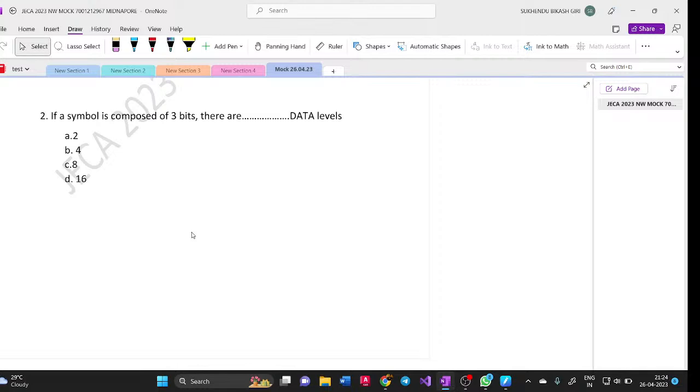Please answer this question in the comment section. If a symbol is composed of 3 bits, then how many data levels are available? Everyone please answer this question in the comment section.